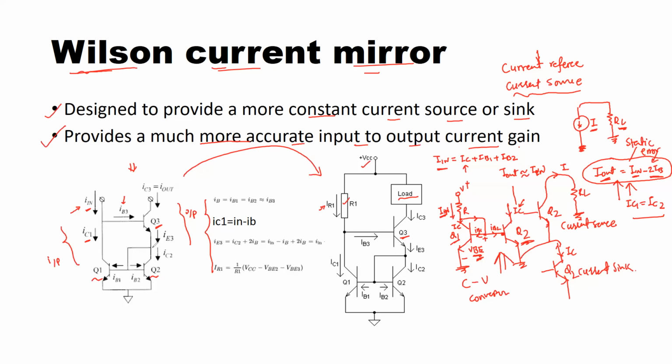And then you see that the transistor Q3 is biased in such a way that it acts as a voltage buffer, or we can also call it a common collector configuration.